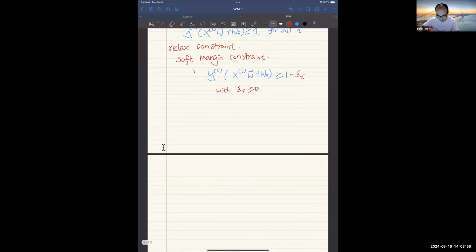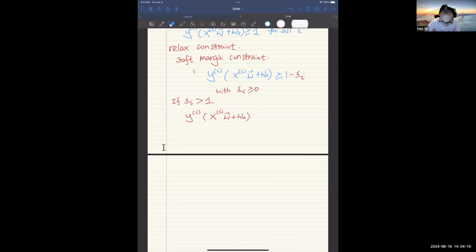In particular, if xi_i is bigger than 1, that means I don't have the situation where y_i and my prediction have the same sign. The term can be negative.